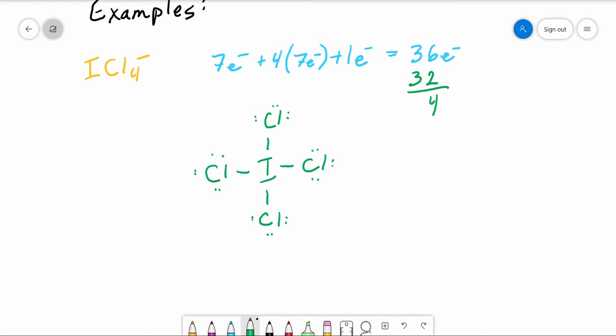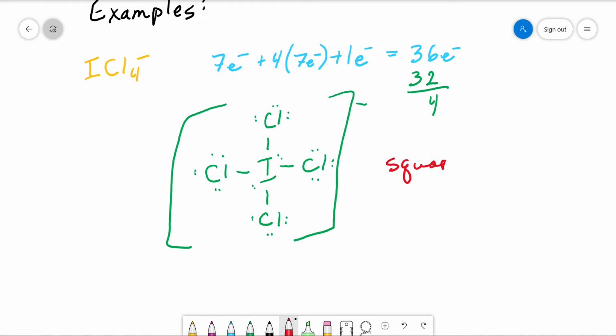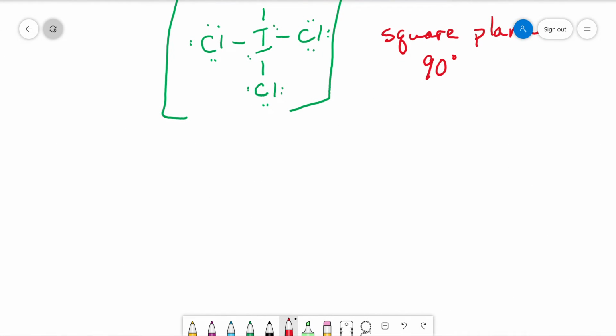So that leaves me with 4. Those just go on the iodine. Is it okay to have more than an octet on the iodine? Yeah, it's in the 3rd period or higher. So we're fine there. So the geometry here is square planar. Okay, and the bond angle, 90 degrees.